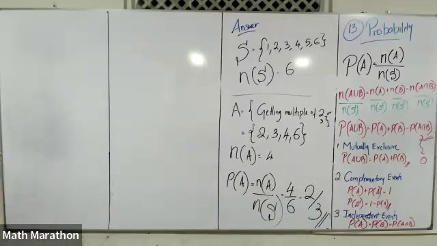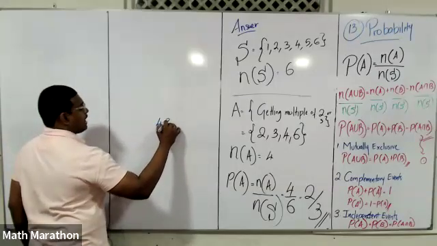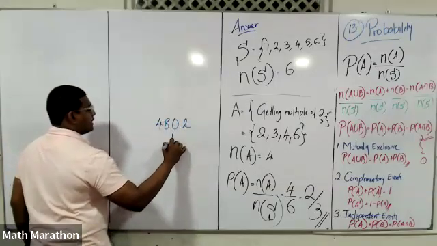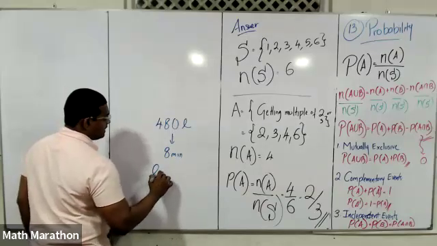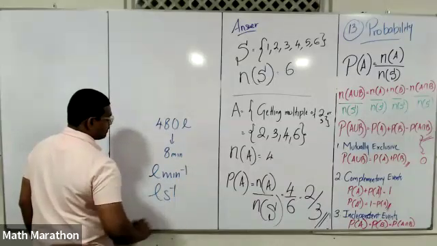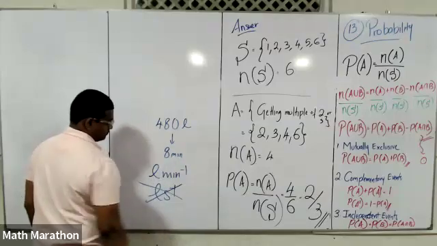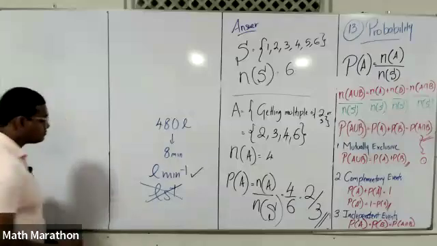And Harnisha, for your question, the 11th question, you can't write liters per second because what they asked is 480 liters in 8 minutes. So definitely the answer has to be liters per minute. It can never be liters per second. This is wrong. You have to give the answer in liters per minute.